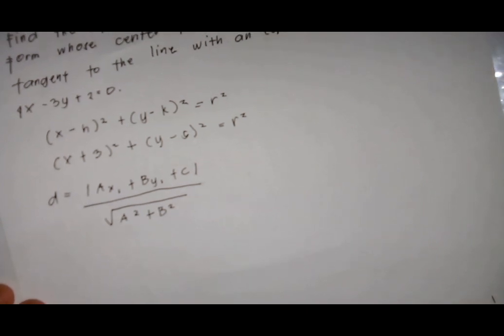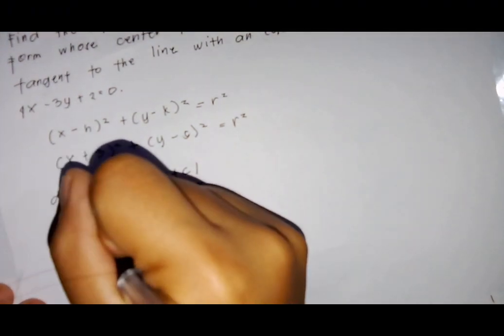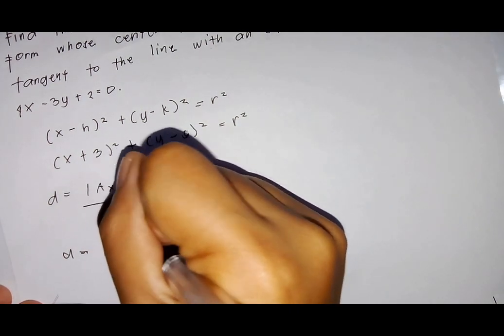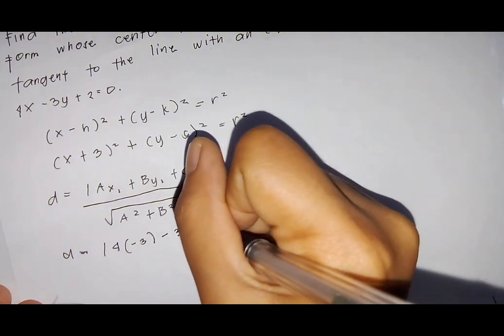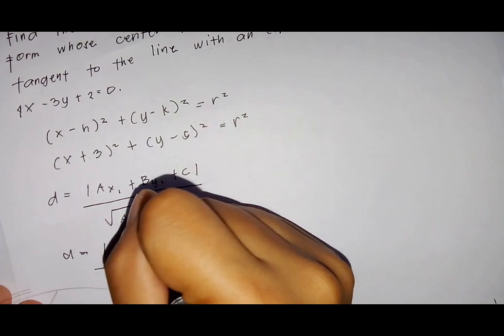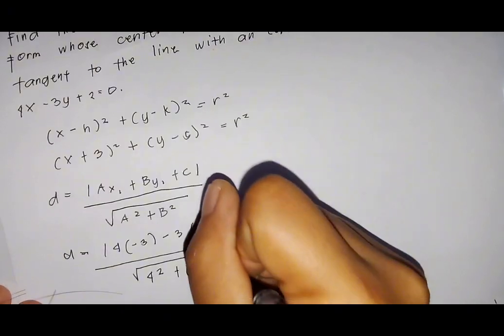The center of the circle is at negative 3 and 5. So we can substitute x sub 1 is equal to negative 3 and y sub 1 is equal to 5 into the formula. So the distance d is 4 times negative 3 minus 3 times 5 plus 2 over the square root of 4 squared plus negative 3 squared.